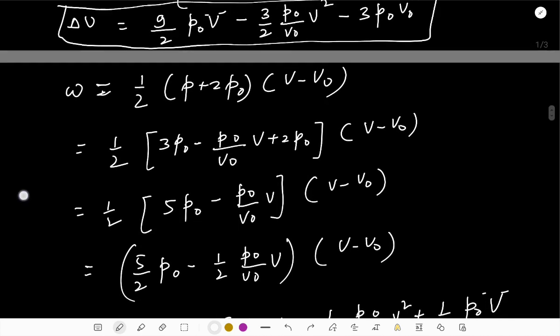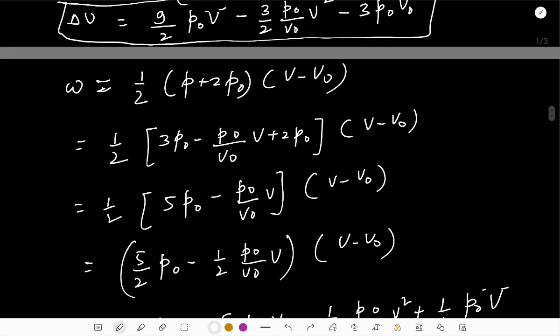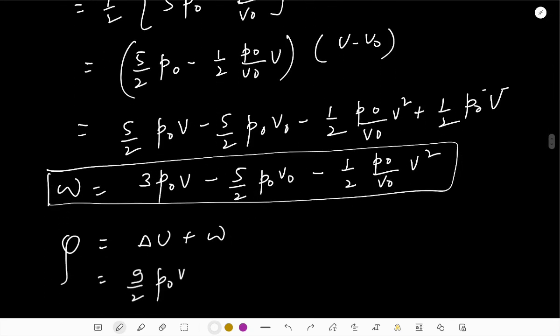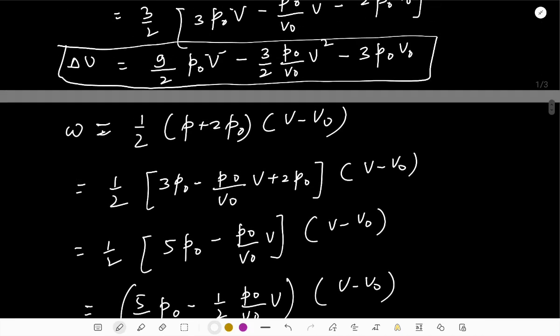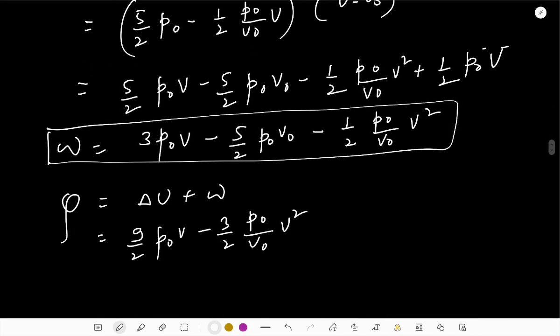Minus 3 by 2 P naught upon V naught V square, minus 3 P naught V naught. Oh, that was the expression for change in internal energy: 9 by 2 P naught V minus 3 by 2 P naught upon V naught V square minus 3 P naught V naught, right?